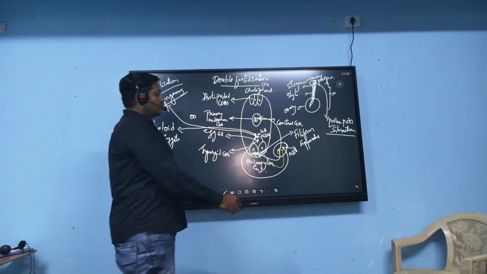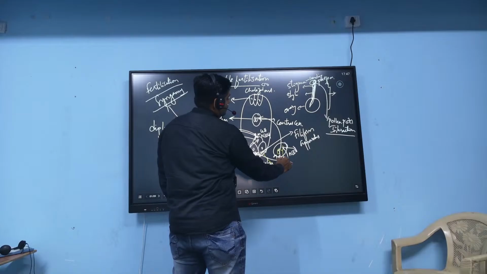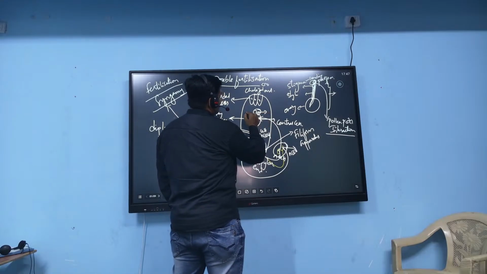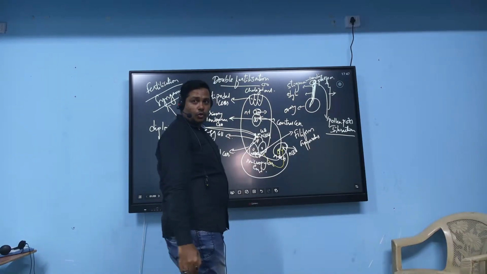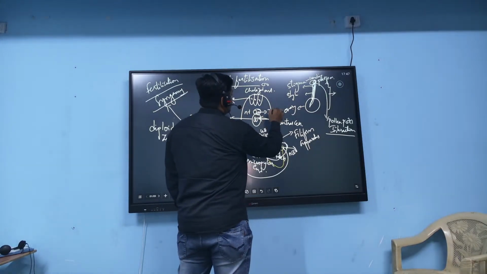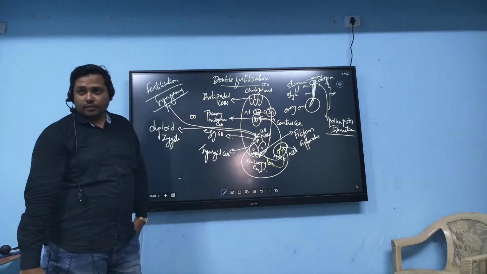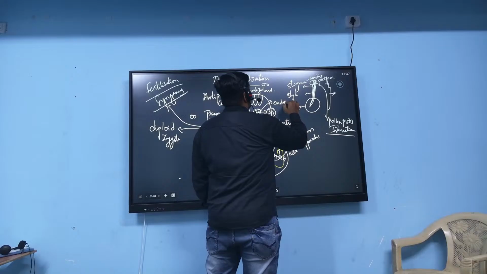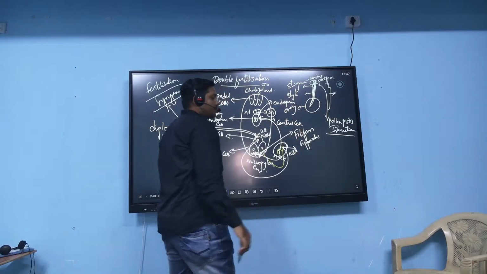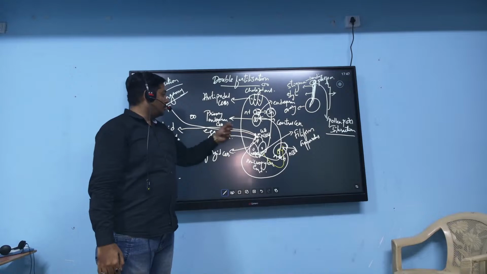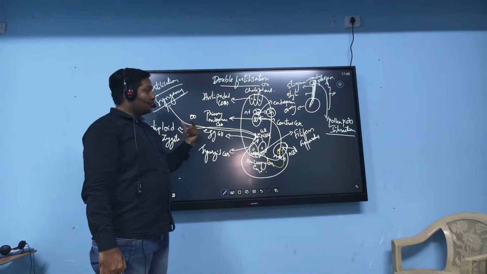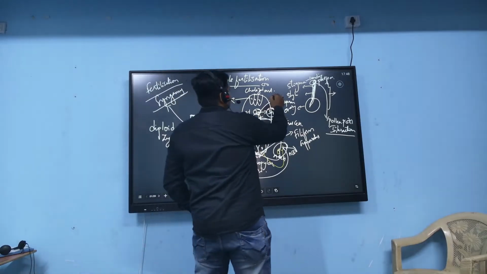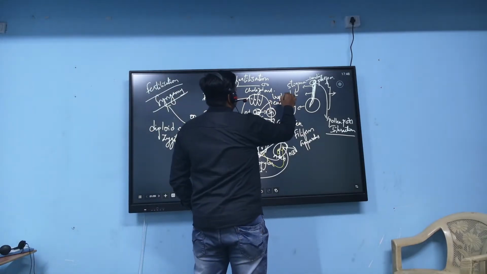Yes, N cell, 2N cell. Together becomes a 3N cell. Okay? What is formed? The product formed is endosperm. Here the product formed is a zygote, a diploid zygote, and here a triploid endosperm.